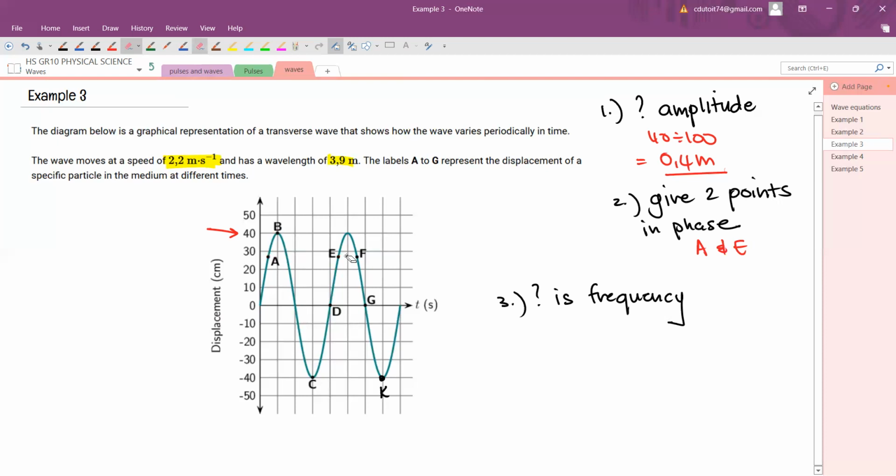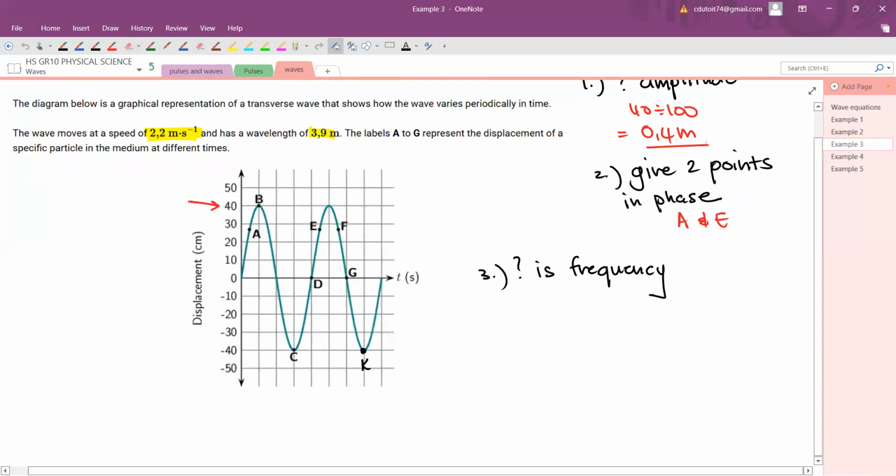Okay, anyway. I want to know what is the frequency of the wave. There are 2 ways of doing it. Quickly take a half minute or a minute and think about it.